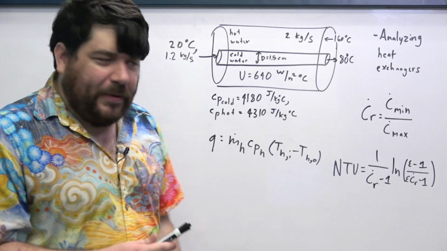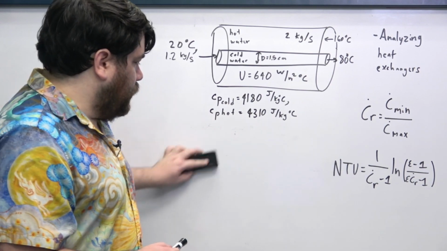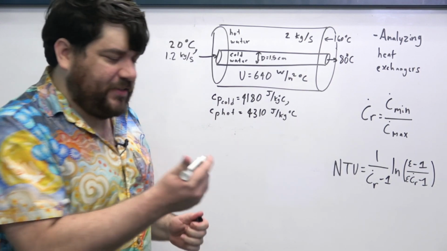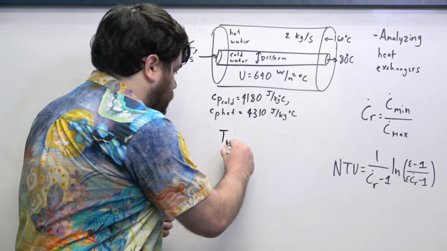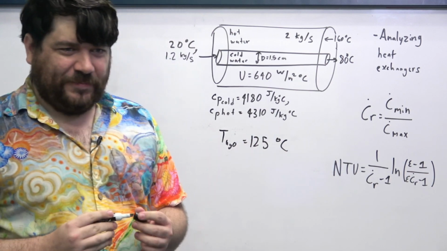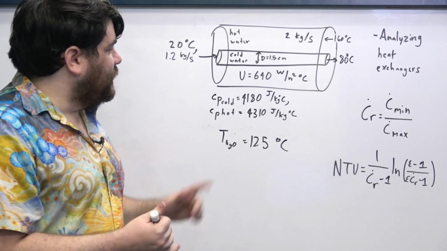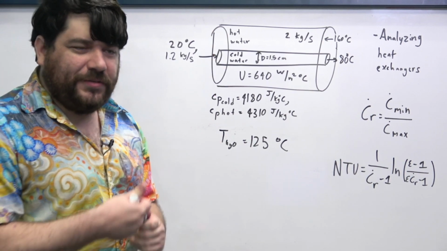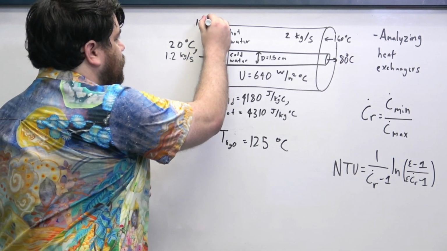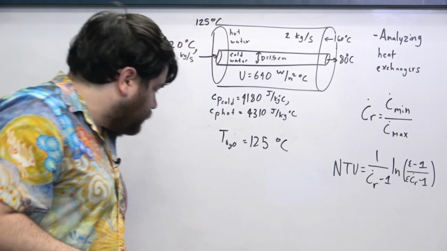And once again, plugging in numbers and skipping the actual calculation, we'll wind up getting that the outlet temperature is about 125 degrees Celsius. That gives us all of the temperature information that we need for this problem. We can just write it down over here, make sure that we remember it.